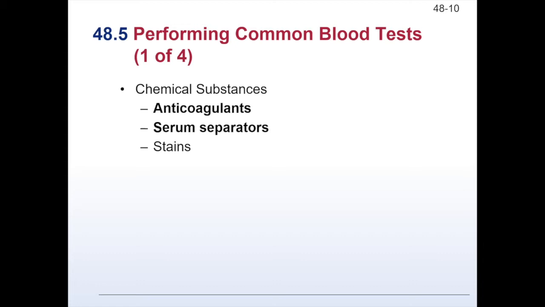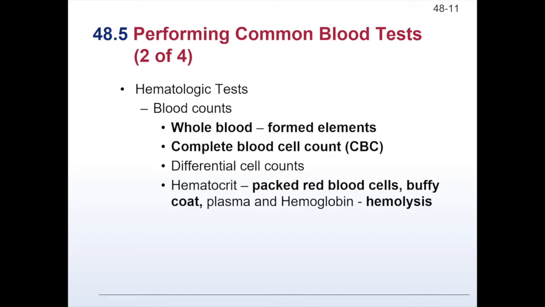to stay in a liquid state, serum separators, which form a gel-like barrier between serum and the clot in a coagulated blood specimen, stains, which color specific types of cells, making microscopic study easier. Hematologic tests. Hematologic tests include the following: blood cell counts, morphologic studies, coagulation tests, and the non-automated erythrocyte sedimentation rate test.